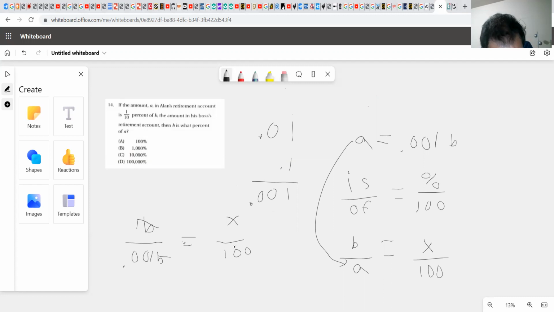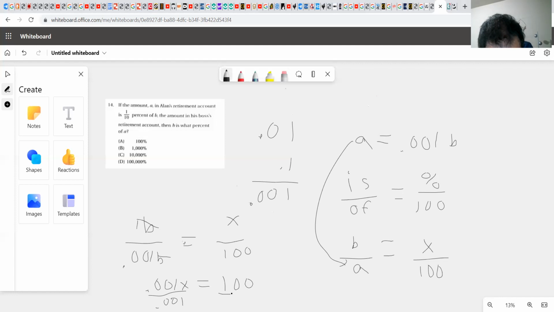So what I would do to get this is cross multiply. So it'll be 0.001 X equals, well, this is just a 1 here, so 1 times 100. So X is going to be, you just divide both sides by 0.001.